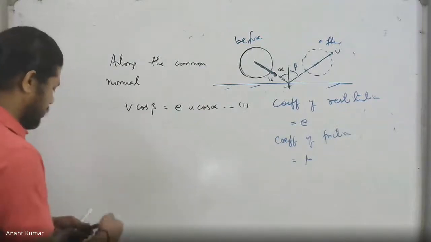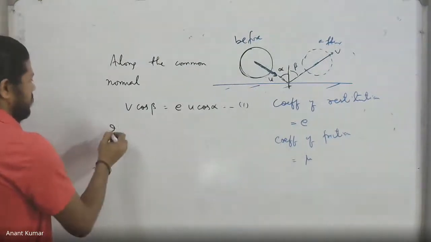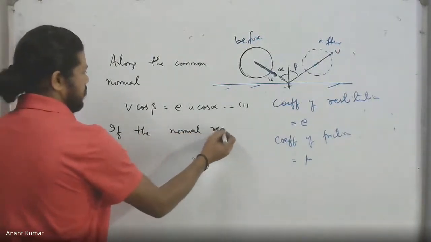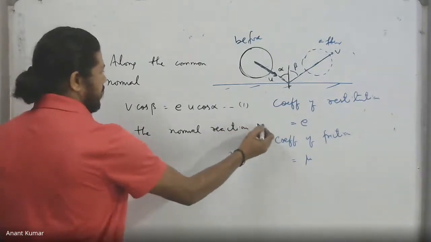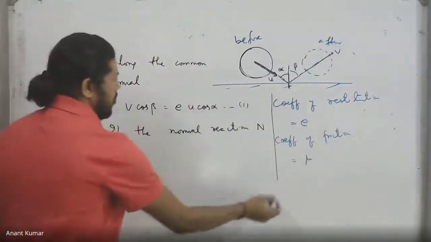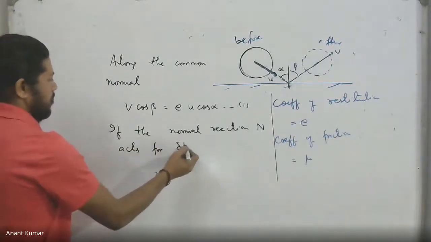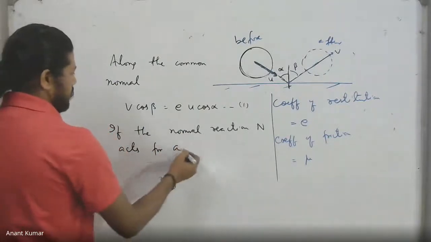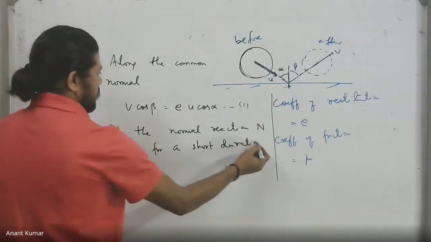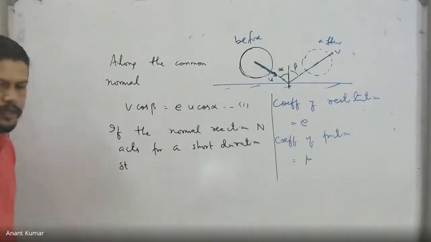Okay, you will also notice in this case that if I take the normal reaction N between the floor and the sphere, we consider the normal reaction N acting for a short duration delta t over here.